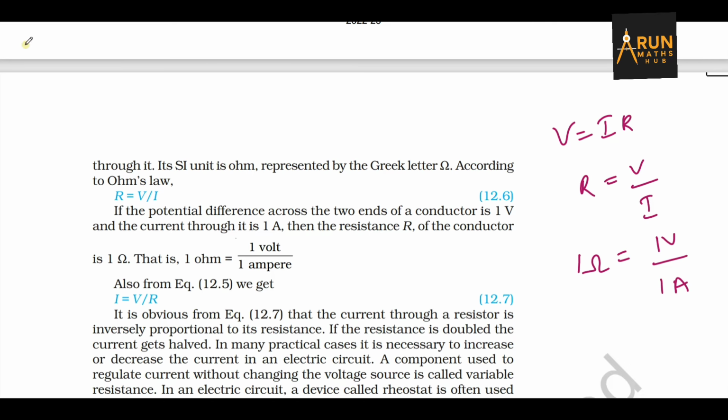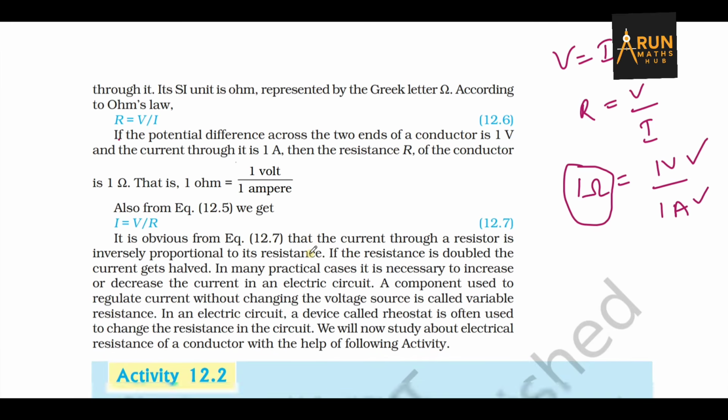That is, if the potential difference between the two ends of a conductor is 1 volt and the current in it is 1 ampere, then the resistance is 1 ohm. I equals V by R.